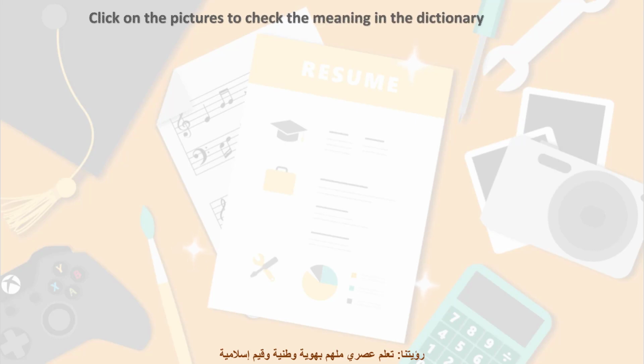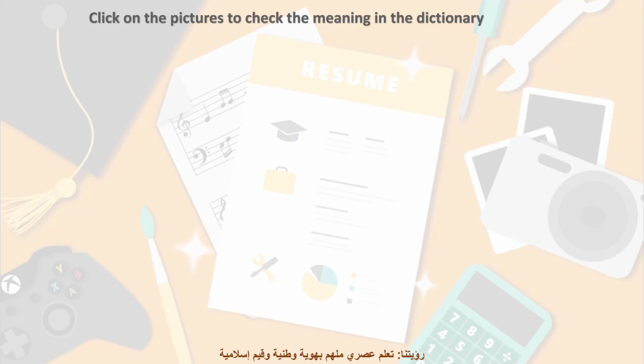As usual, we'll click on the pictures to go on Cambridge Online Dictionary to hear the word pronounced in the American and in the British way, and to know the meaning, the correct meaning, to make sure of what we have done previously. Here are the words we're gonna look up.